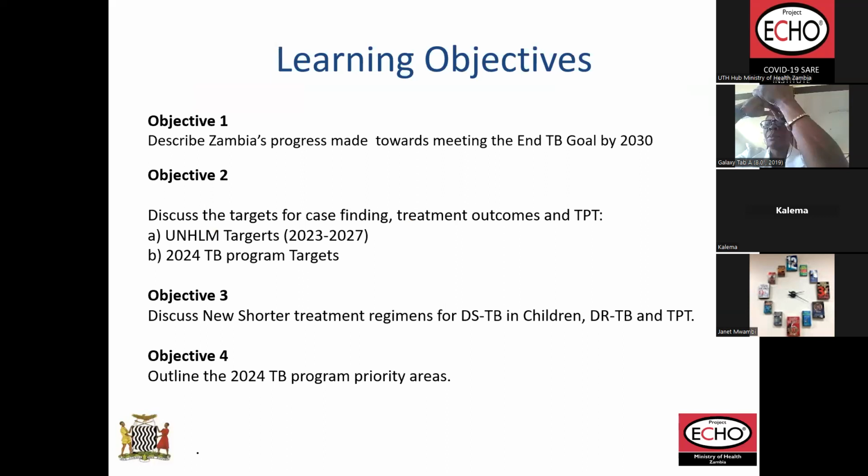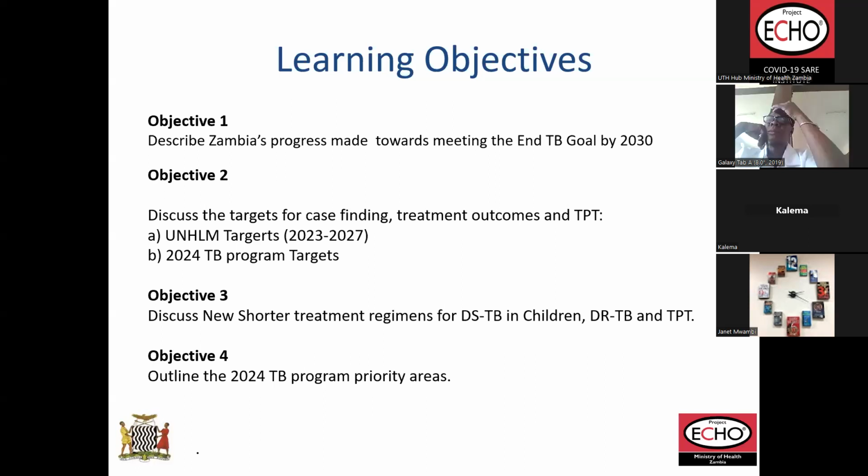Priority areas for the TB program in Zambia. Today, I'll look at four main objectives, and we'll preempt the discussion at the end of the presentation. The first is the progress that we've made towards the global TB elimination 2030 goal, and then beating targets, and also the new UN high-level meeting targets that we've been given as a country.